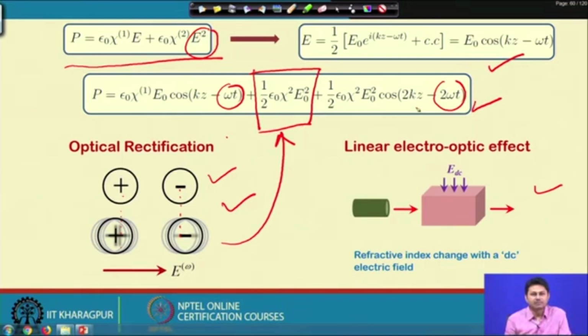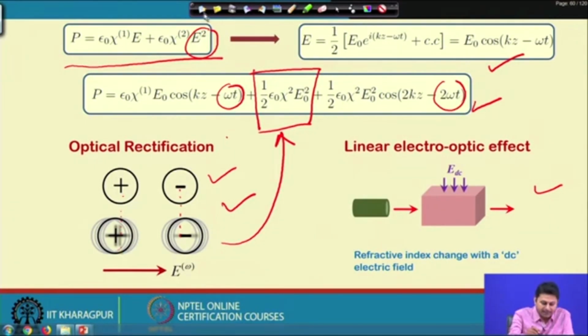That means my dipoles are going to vibrate, but not just vibrate: the average location of the plus and minus charges may also separate. This separation of the average charge is termed optical rectification.